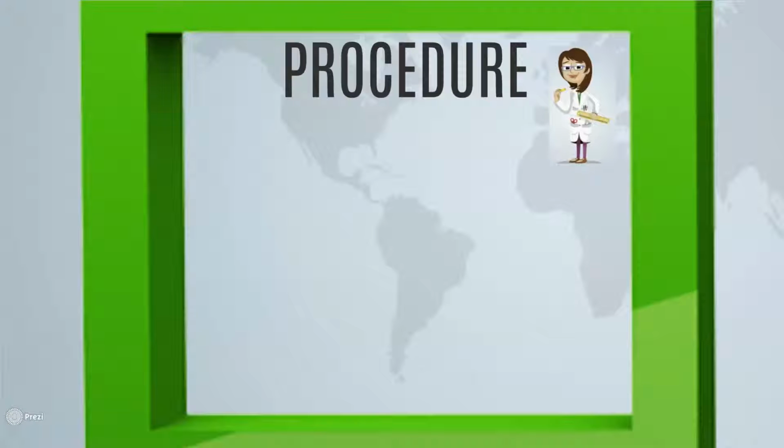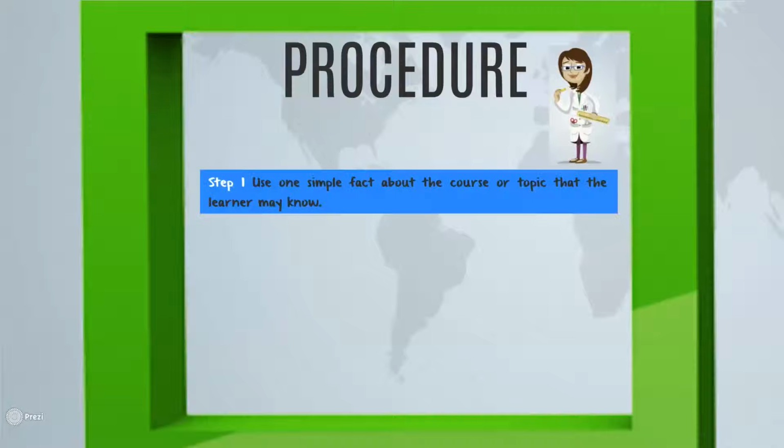Now, let's look at the step-by-step procedure. Number 1, taking into consideration what the learner may already know about the course or topic, use one simple fact that they might know about the course or topic matter, and use this fact to transition into other items for assessment.